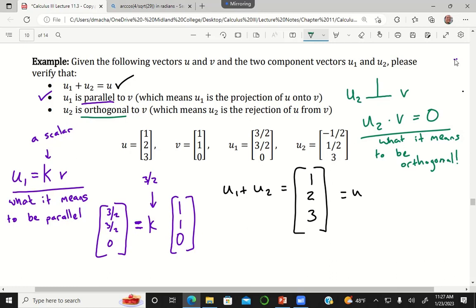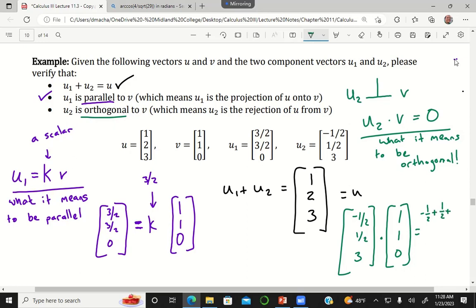Okay. Now my U2 vector is the vector negative half, positive half, 3. And I'm dotting that with my V vector, which is 1, 1, 0. And so that's going to be 1 times negative half plus 1 times positive half plus 0 times 3, which is equal to 0.